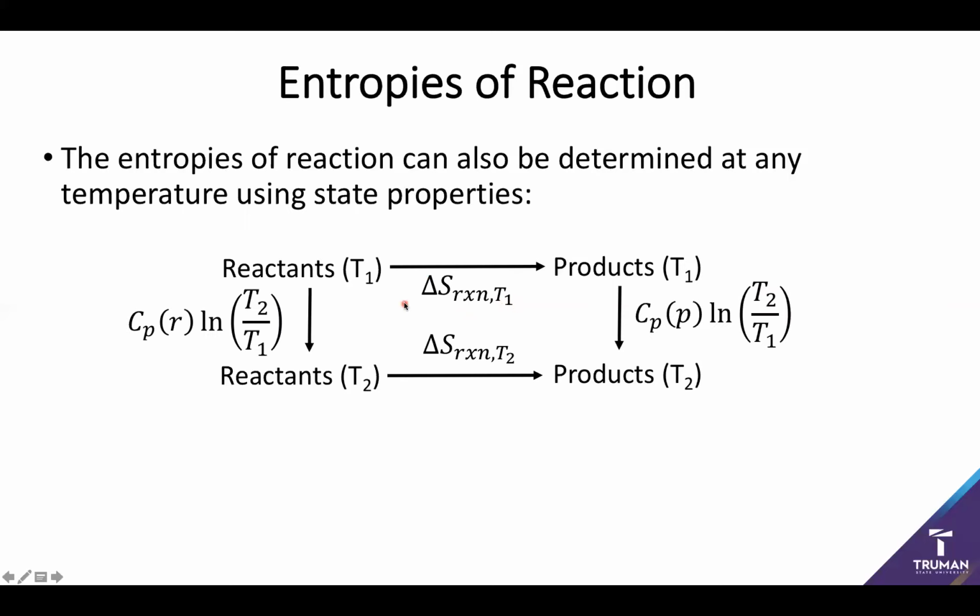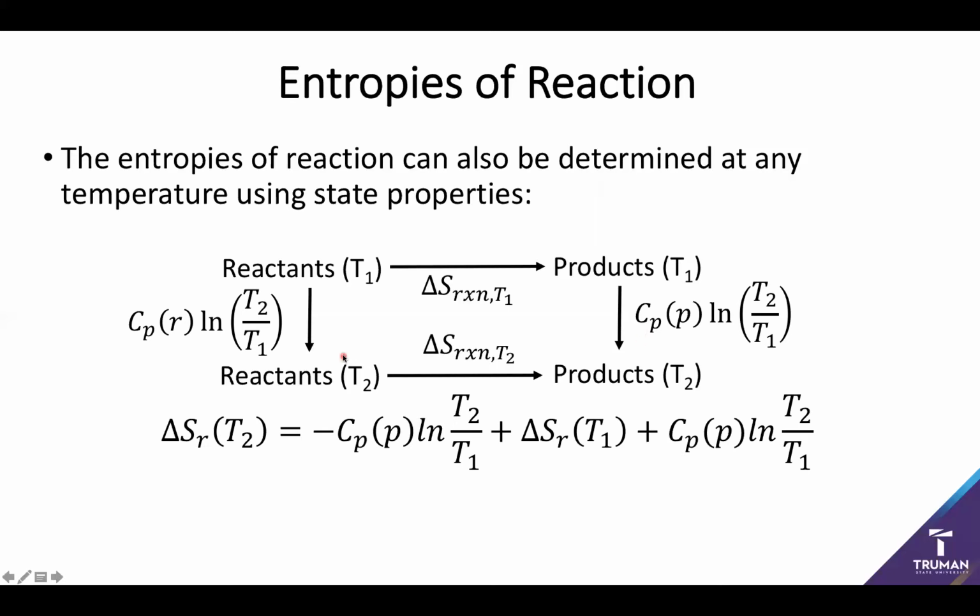I can also look up the heat capacities of my reactants and my products. So again, I can then correct for the entropies of my reactants going from T1 to T2, and the same thing for my products. And then in order to figure out my entropy of reaction by knowing these other three processes, I can essentially add them up.